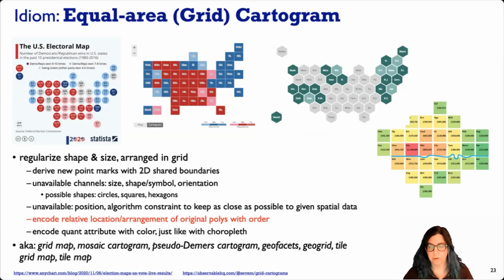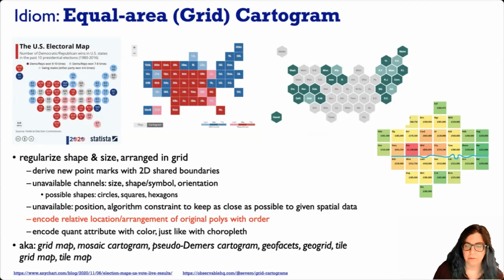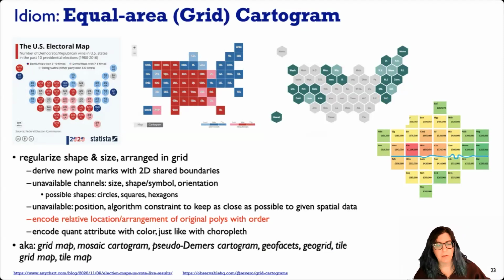And thus also we're fixing the orientation because they do have shared boundaries. So just like before, we have this idea that position is certainly in use. We can't use it to encode anything else, but it's not a guarantee of representing the given spatial data. But we are keeping that ordering, the north-south, the east-west ordering. And you can color code just like with choropleth.